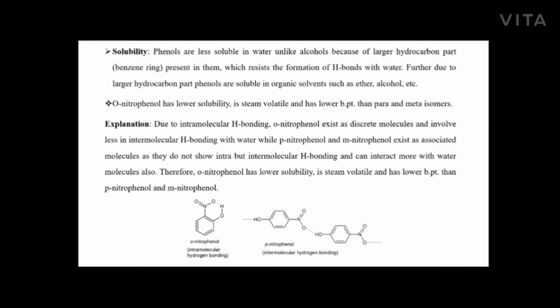So here I am explaining ortho-nitrophenol with intramolecular hydrogen bonding and para-nitrophenol with intermolecular hydrogen bonding. There is a difference in the H bondings. You may have a look at it.